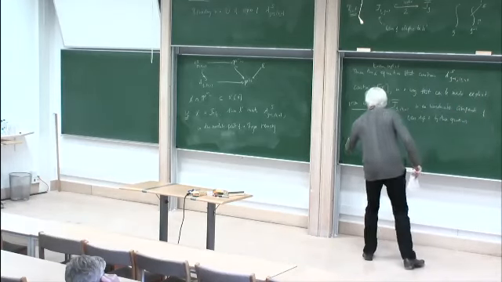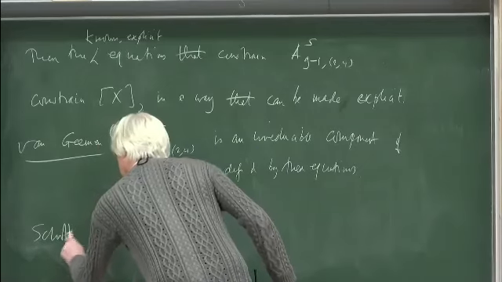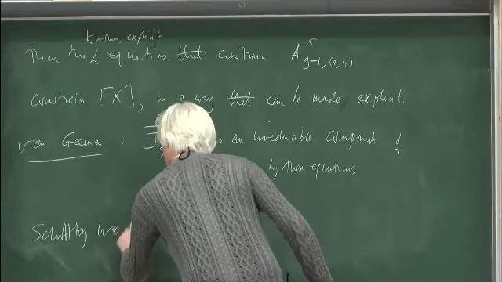What Schottky actually did was to look at genus 4. Schottky was genus equal to 4.